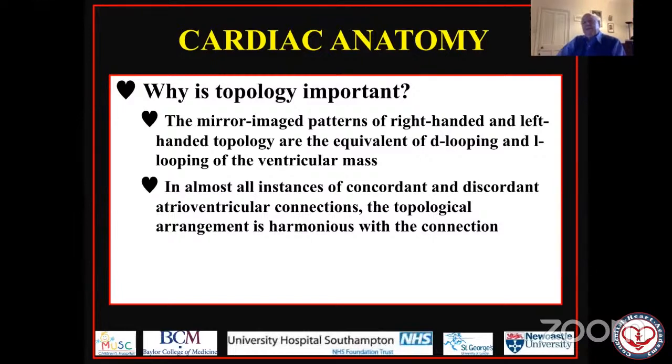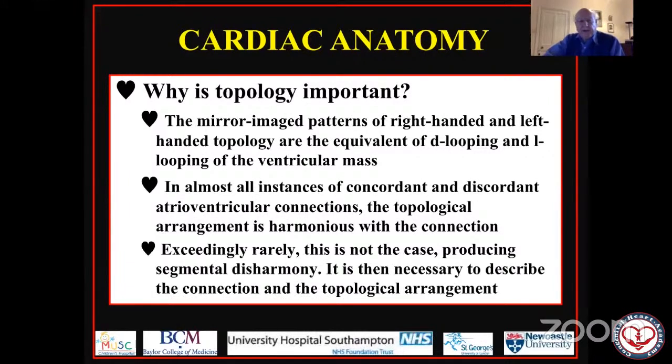When we have discordant atrioventricular connections with usual atrial arrangement, we have an L-loop. And then we can say the topological arrangement is harmonious with the connection. But sometimes that is not the case. Very rarely there can be disharmony between the topological arrangement and the connections. And that is when we need to describe not only the connection, but the topological arrangement.